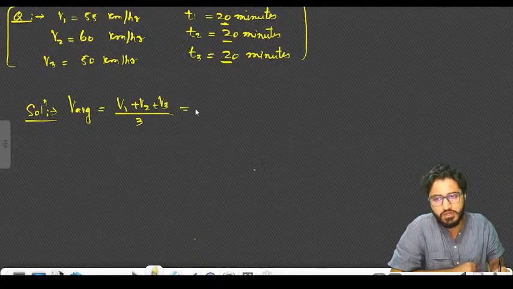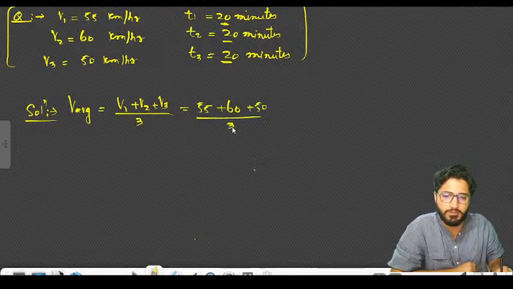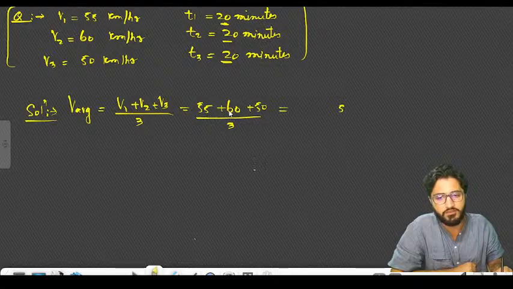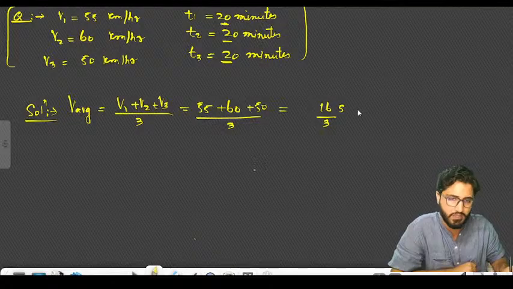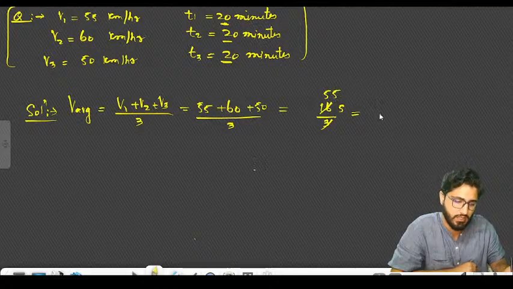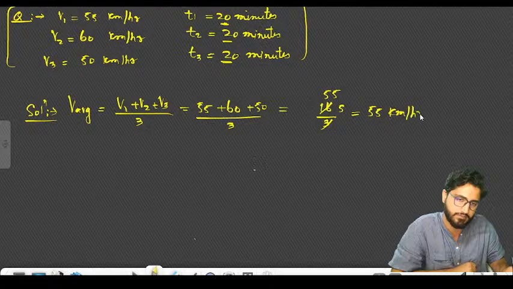V1 is 55, V2 is 60, V3 is 50, whole divided by 3. It is 165 by 3. So my answer comes out to be 55 kilometers per hour.